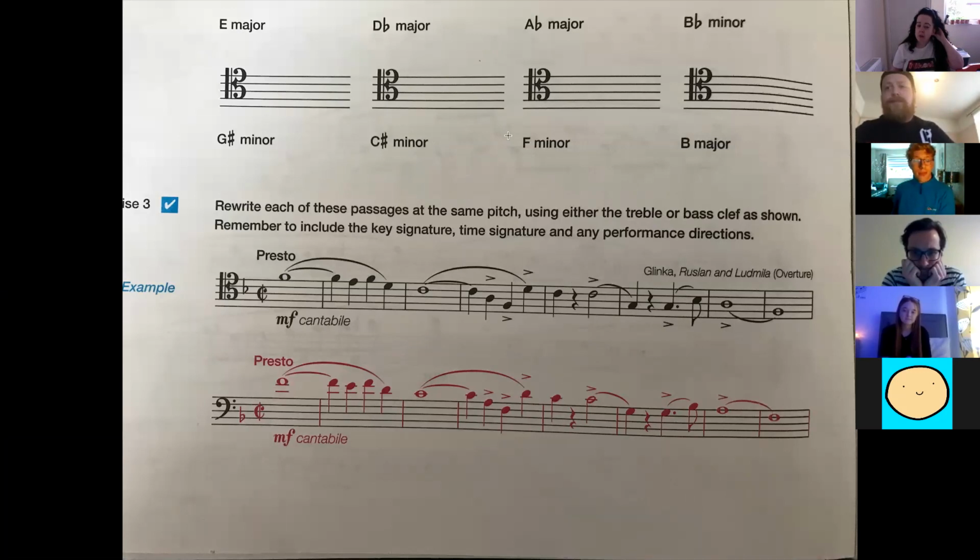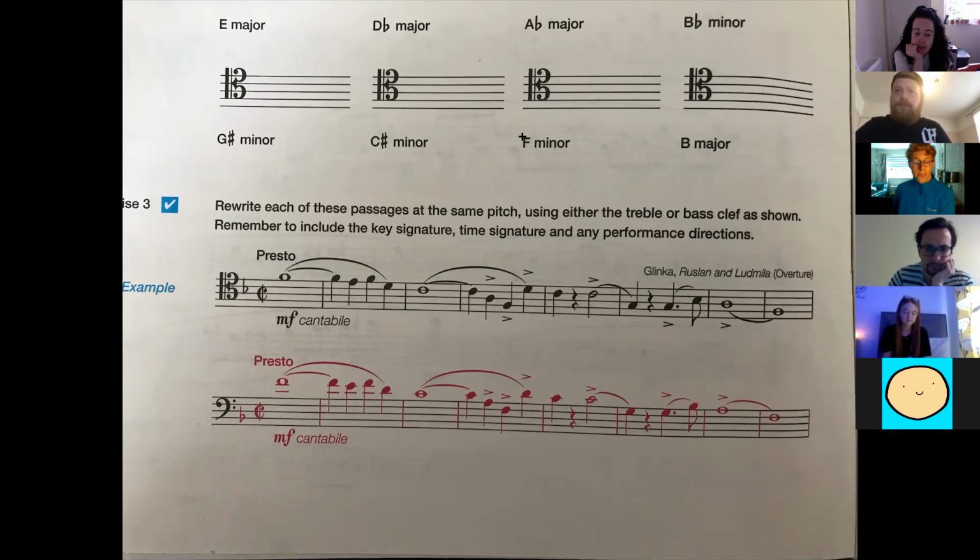Okay, so basically what key are we in to begin with? Which key's got one flat? F, well done. So we're in F, so we need to put the key signature in, which is a B flat. The new clef they've given us is a bass clef, isn't it?